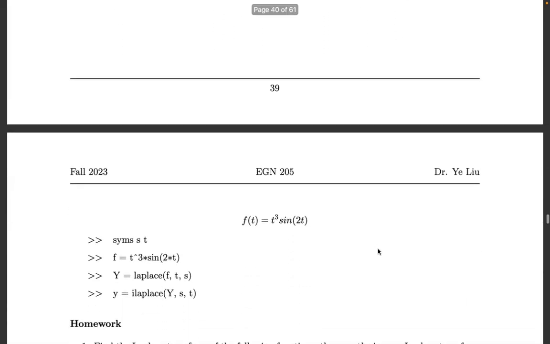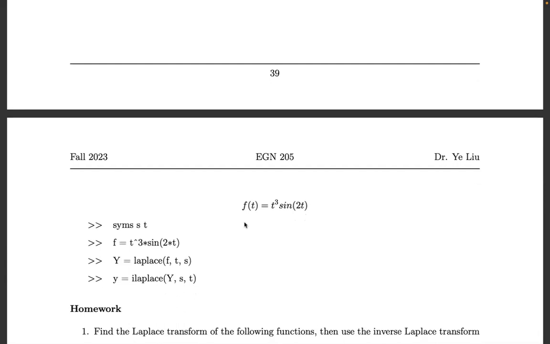Now we can use an example to show how to use the Laplace transform in MATLAB. f(t) equals t cubed times sine 2t. For this one, we need to use the Symbolic Math Toolbox.